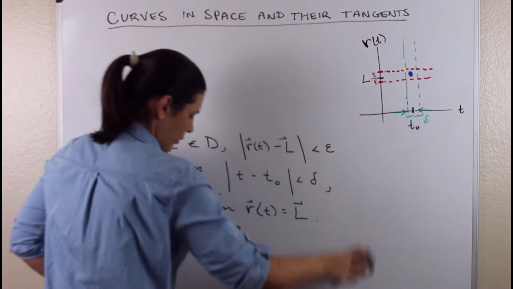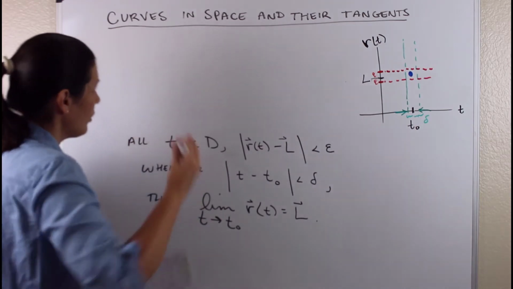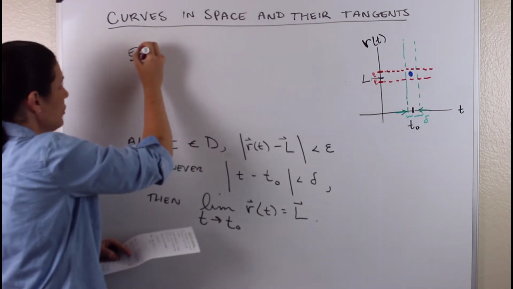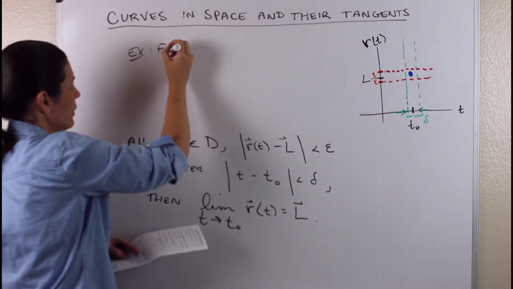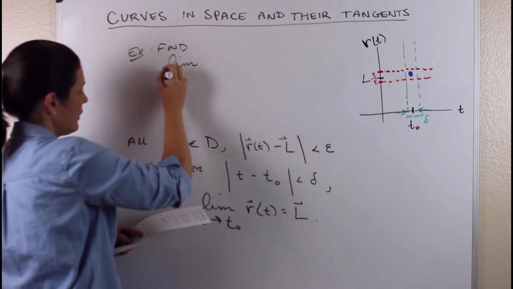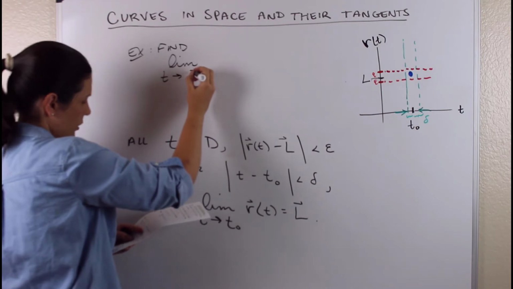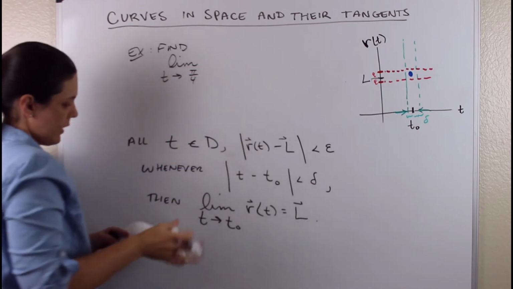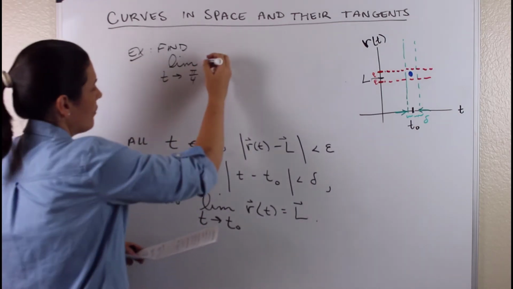Okay, let's get rid of that real quick. And so we are going to find the limit as t approaches pi over 4, and let's just use our example that we graphed.